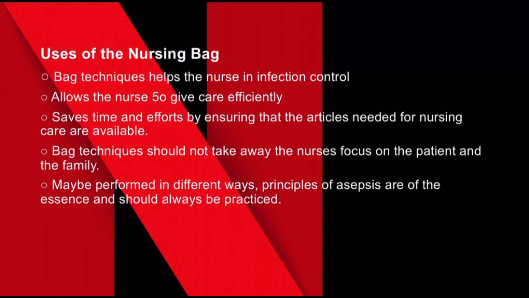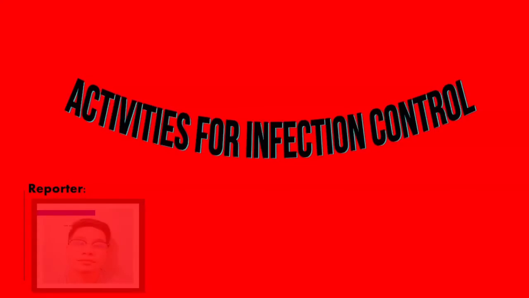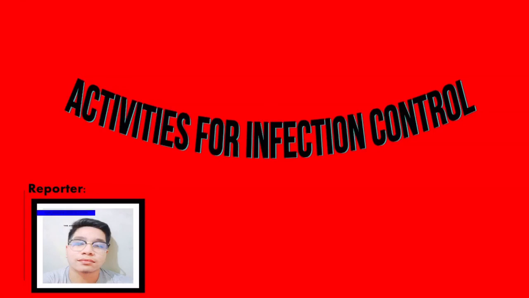Next, confine the contaminated surface by folding the contaminated side inward. Wash the inner cloth lining of the bag as necessary. Kailangan hugasan jud siya. So that's all, the activities for infection control.